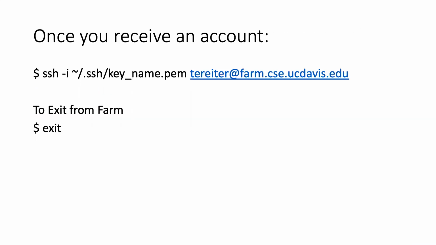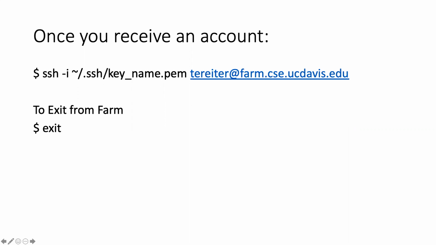Once you receive your account, to actually access Farm, you would type ssh, and then -i designates your key file, so you type the path to your key file. Mine happens to be in my .ssh folder under key_name.pem. Probably should have named it something like farm instead.